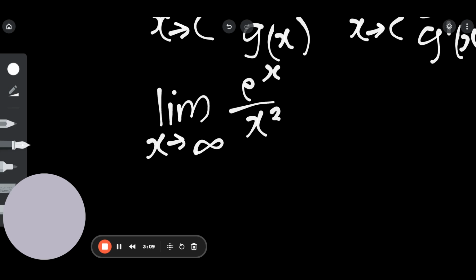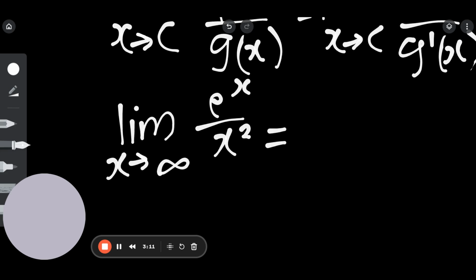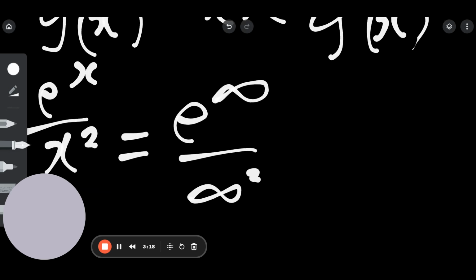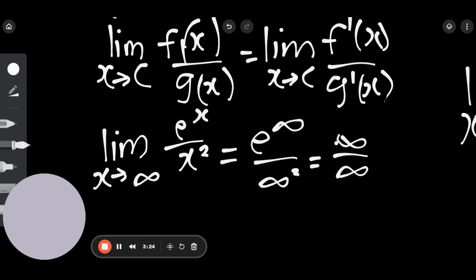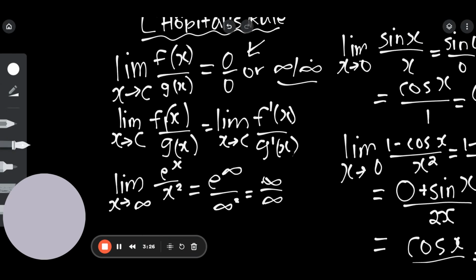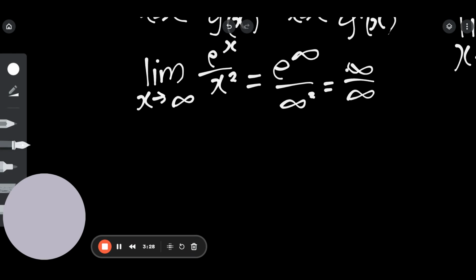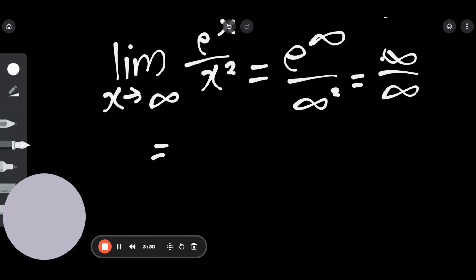All right, so let's begin. You start by plugging it in. So you get e to the infinity over infinity squared. Well, infinity squared is just infinity, and e to the infinity, since it's a constant to the infinity, is just infinity. So infinity over infinity, and that's one of the forms that we have to use L'Hopital's rule for, as you can see here. So you have to redo the limit, and you take the limit of the derivatives.